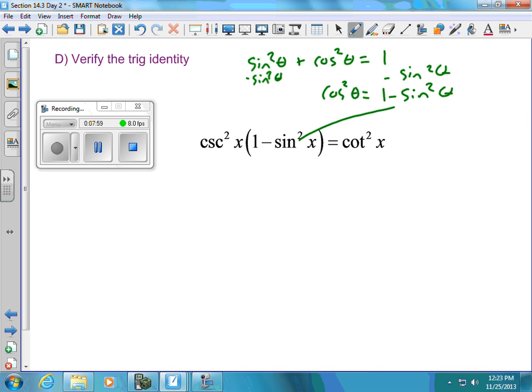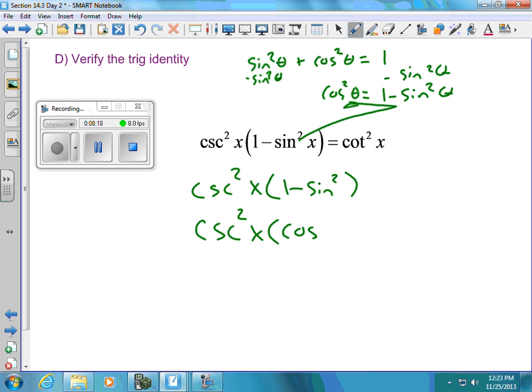So I can take this out and put cosine squared of theta in. You can manipulate these identities however you like, as long as you move things correctly, legally, mathematically. 1 minus sine squared is just cosine squared of theta. Or x, I guess we're using x in this one.